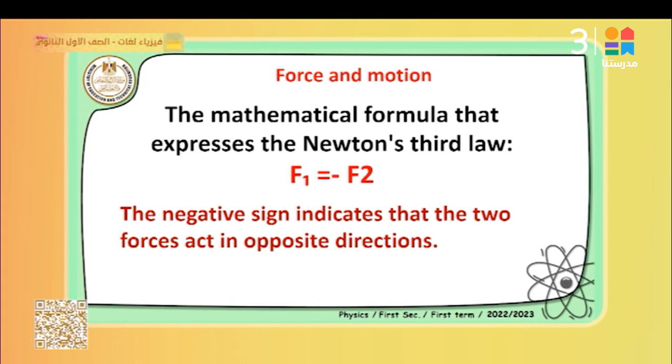So a mathematical formula that expresses Newton's third law, we can write it as F1 equals minus F2. The minus indicates the direction of the two forces, which means if you have a force F1 applying forward, the reaction or the second force will apply with the same magnitude but backward, in the opposite direction.